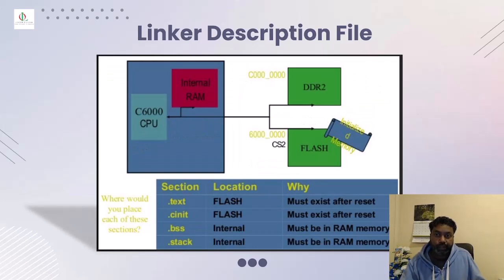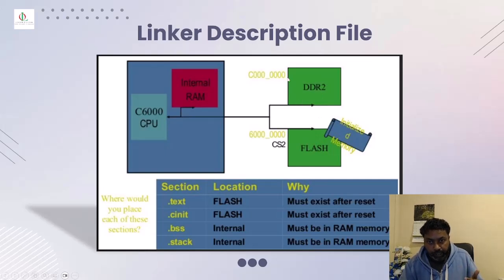Let's see how the linker description file works, and how everything is located in memory. The microcontroller will have its own internal memory, and that's linked via the linker to the external memory. This can be the DDR2, flash, whatever the case may be.